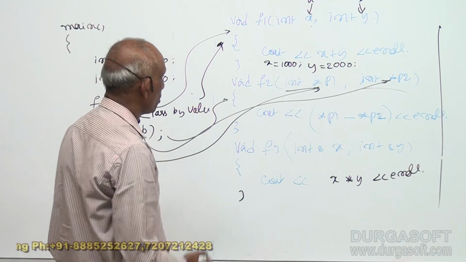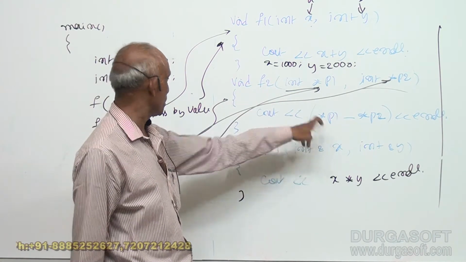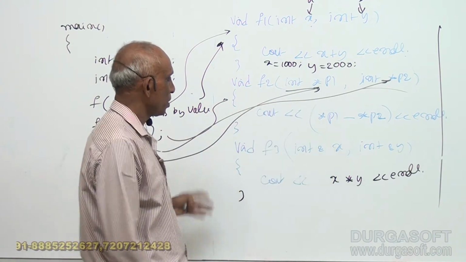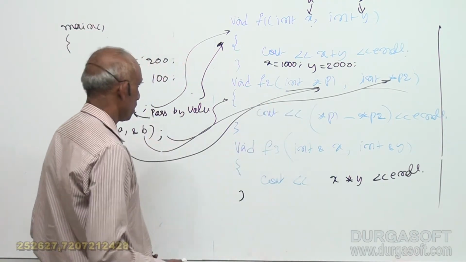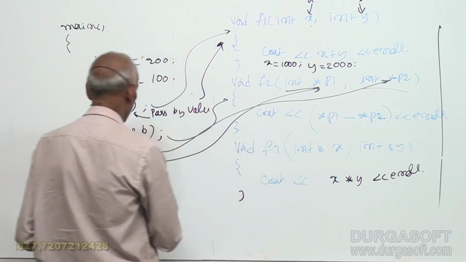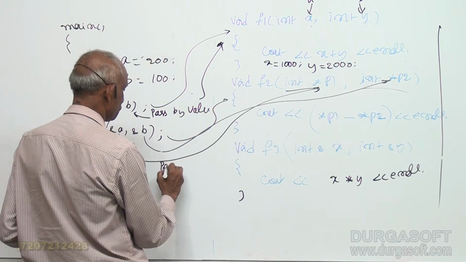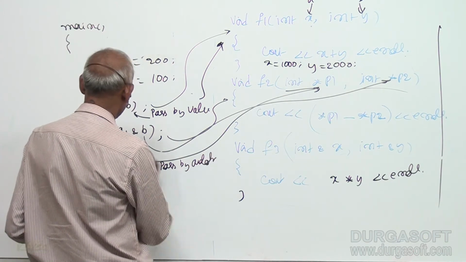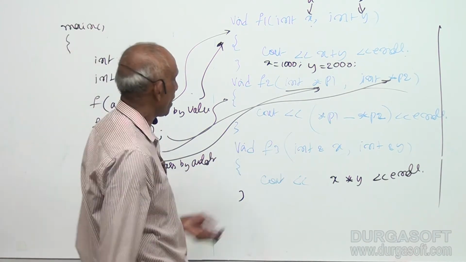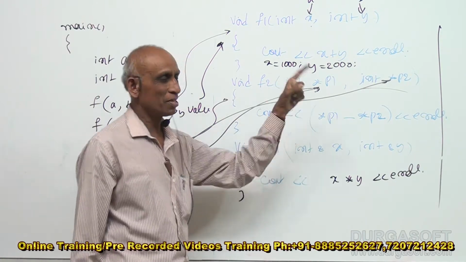Now to use them you have to use star p1. Star p1 is a, star p2 is b, star p1 minus star p2 is a minus b. This is called pass by address. The addresses of a and b are passed and received by pointers.